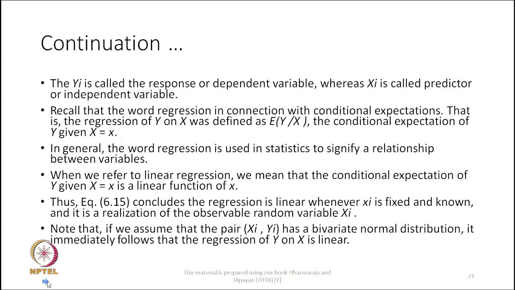If you assume xi and yi have a bivariate normal distribution, then based on the theory which you have studied, when xi is normally distributed, yi is normally distributed, and together they form a two dimensional bivariate normal distribution, then if you compute the conditional expectation of y on x, that is always a linear function in x. Therefore, you can conclude the regression of y on x is always linear.